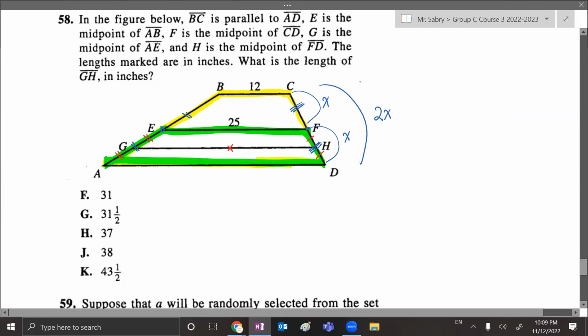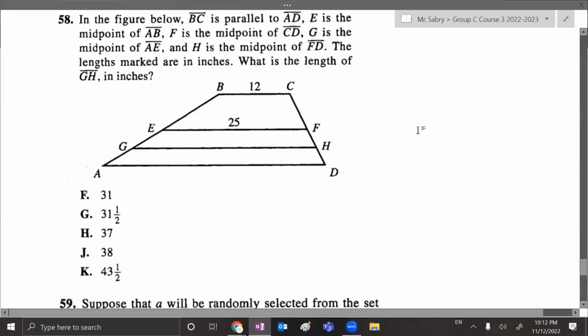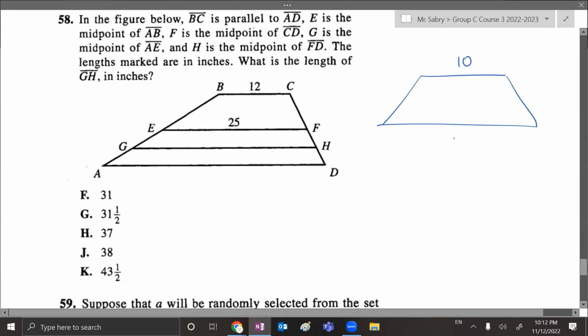No, just a second. Let's say this is 10 and this is 20, and I have a new line here that's constructed from the midpoints of each of those sides.